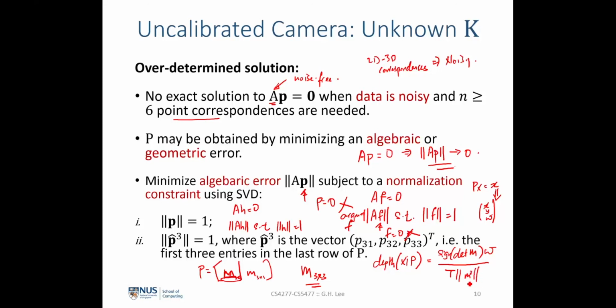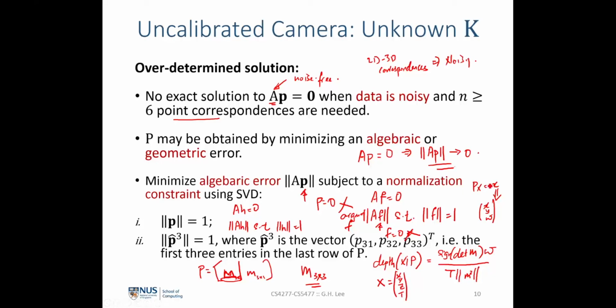Here M refers to the 3 by 3 entries of the P matrix, and M3 refers to the last row of the first 3 by 3 entries in the P matrix. And T here is the last entry of the homogeneous coordinates of the 3D point.